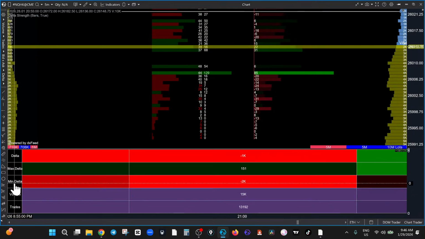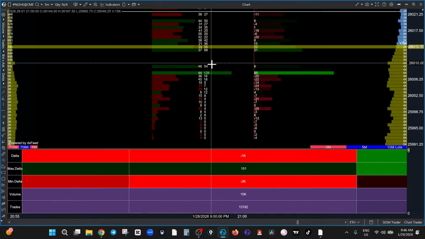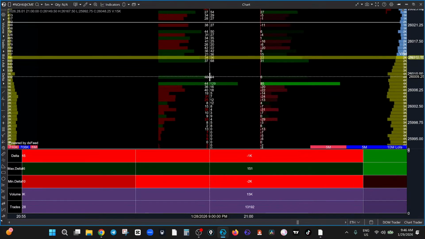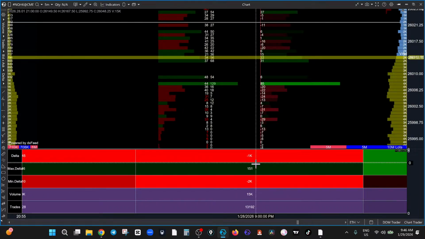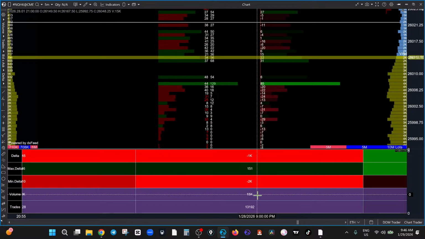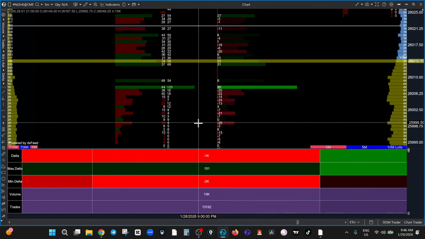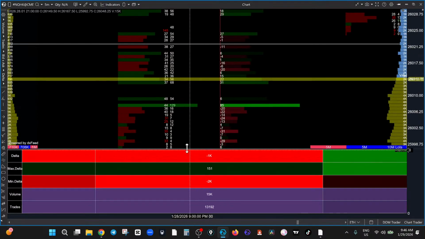At the point, the maximum negative delta was 2K. 2,000 were eating within this bar. Then all of a sudden, it only closed at minus 1K. What is it telling you? That buyers were stepping in. Okay, buyers were stepping in.